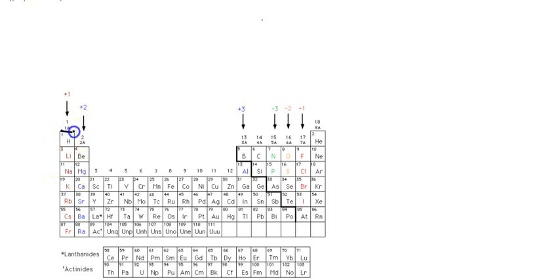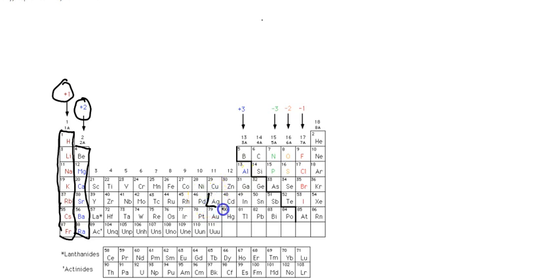In group 1 here, we have our alkali metals, and these all have a positive 1 charge, shown above here. In our second group, we have our alkaline earth metals. These have a positive 2 charge. If you come over to the middle part of the periodic table, more elements with a set charge are silver, zinc, and aluminum.